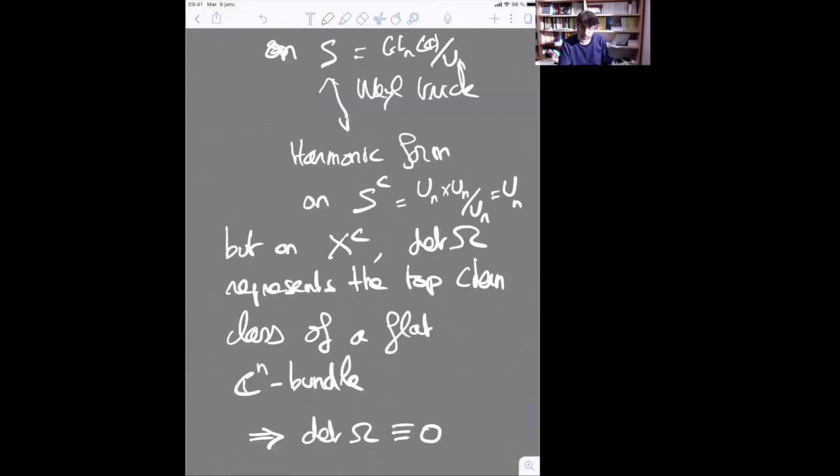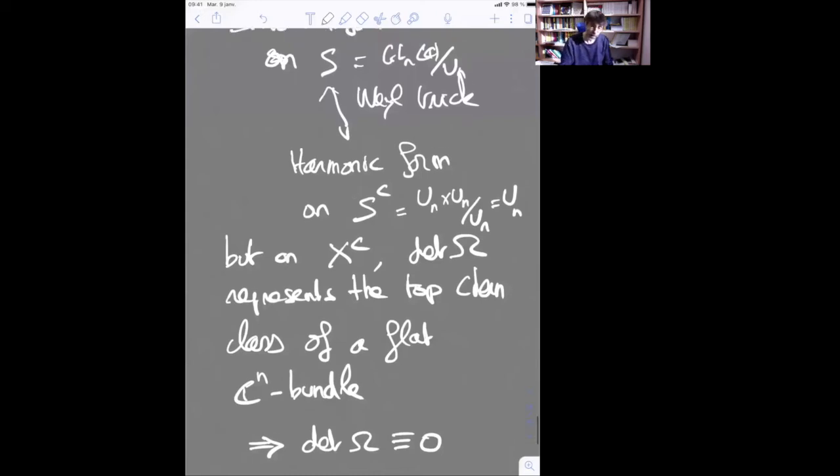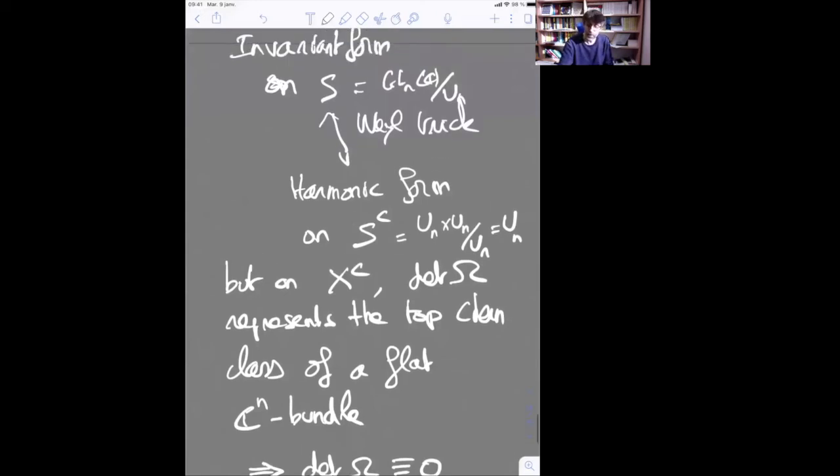So it has to be really identically 0, not only exact. And coming back to the original space, we get that omega on the determinant of omega on S was identically 0.